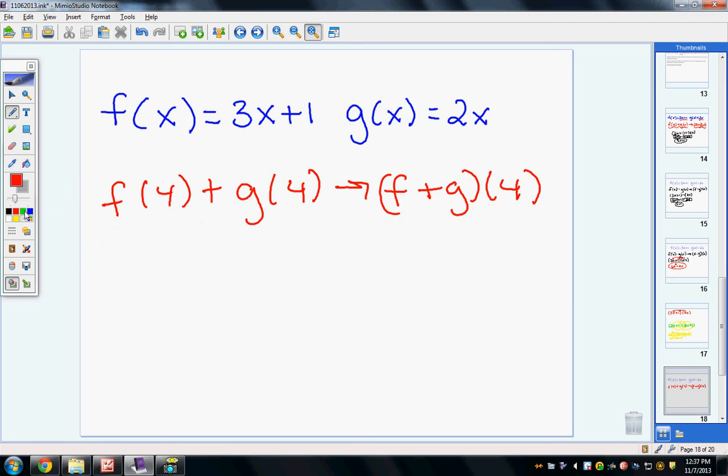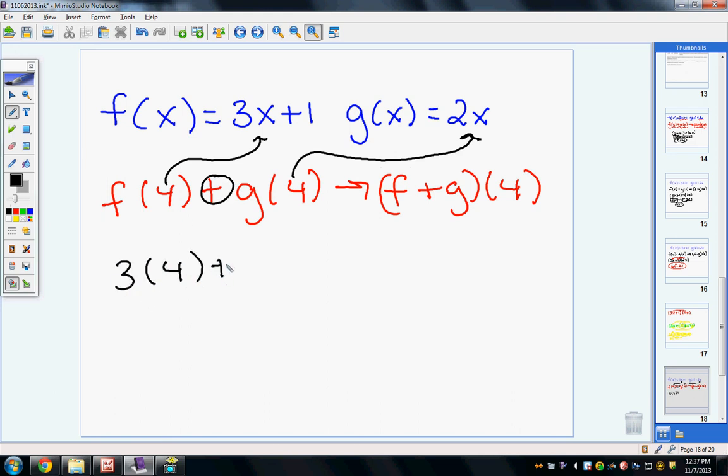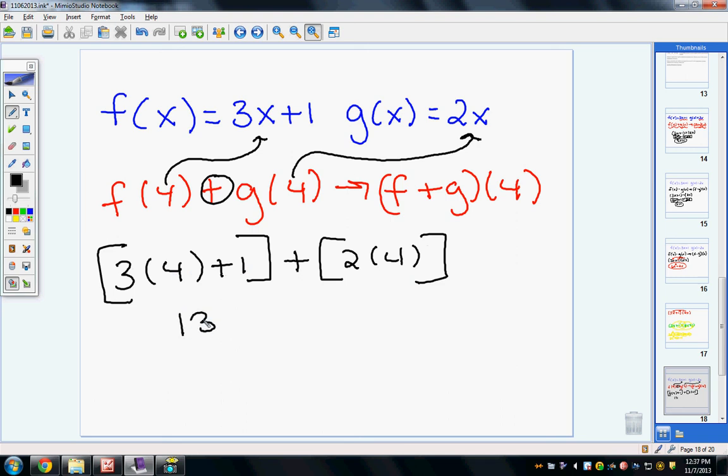So what I'm going to do here is plug 4 in for x here, and plug 4 in for x in g here, and then add those two together. So this is going to become 3 times 4 plus 1, and I'm going to put that in brackets just to keep everything straight. Then I'm adding that to 2 times 4. 3 times 4 is 12, plus 1 is 13, and then 2 times 4 is 8. So when I add them together, I get 21.